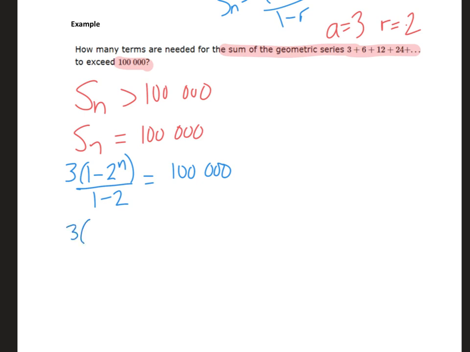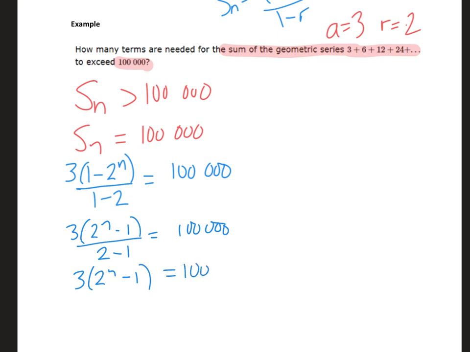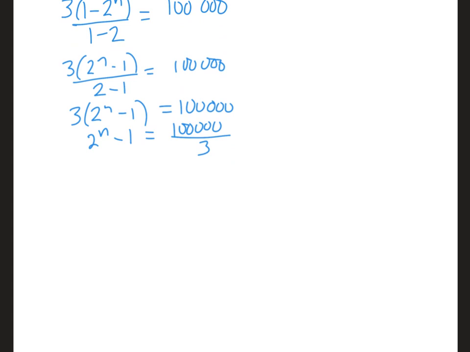So I get 3 lots of 2^n minus 1 over 2 minus 1. It's 100,000. I simplify that to 3(2^n minus 1). At the bottom, 2 minus 1 is 1. I'm going to divide both sides by 3. Then I'm going to plus 1 to both sides.